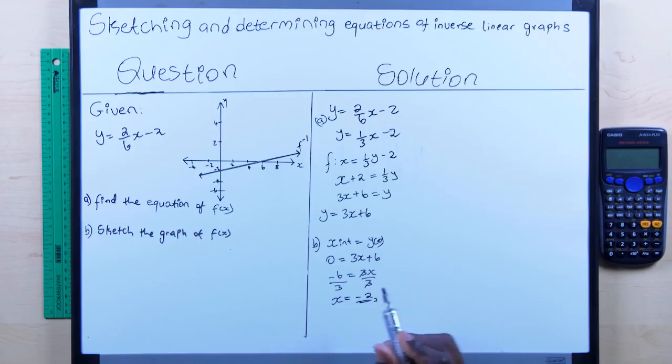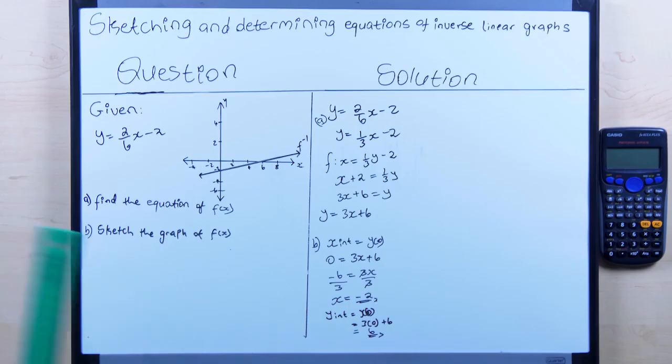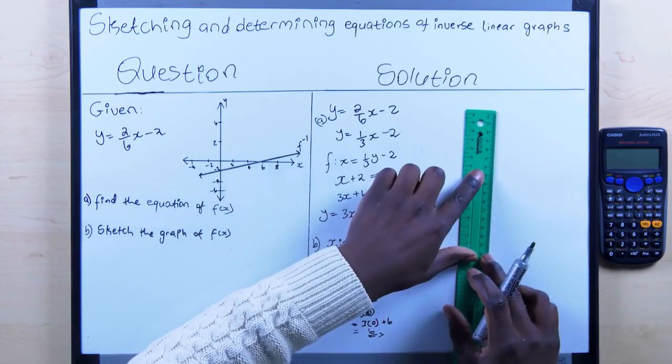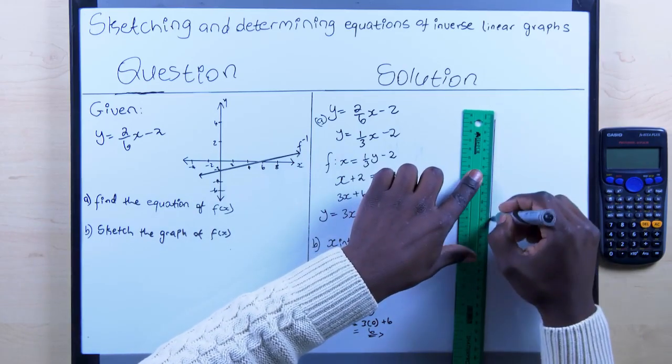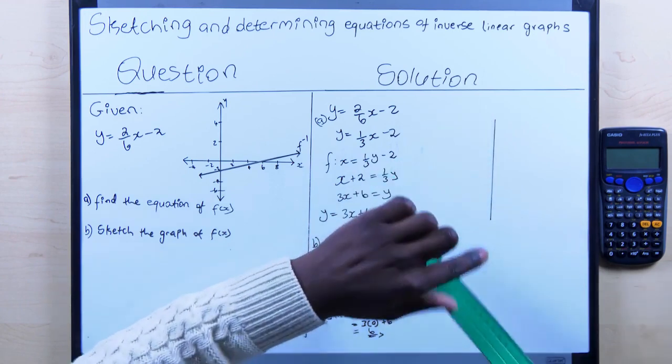You want the y-intercept, which is when x is equal to 0. What does it give you? 3 times 0 plus 6 is equal to 6. That's the y-intercept. Then with the aid of a ruler, you are now able to sketch this function.